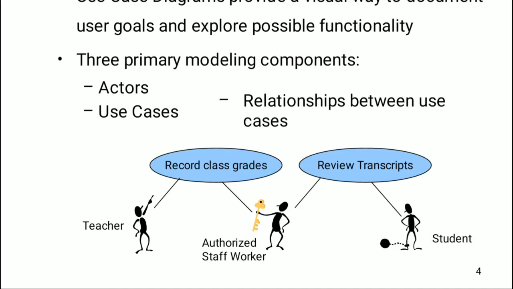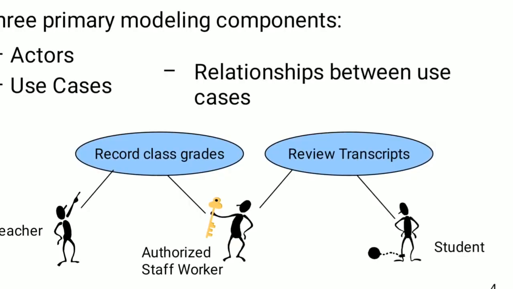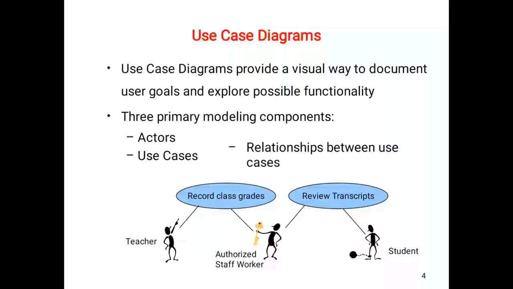Here review transcript is accessible to the student and also accessible to the authorized staff worker. So use cases are nothing but horizontally shaped ovals that represent the different uses that a user might have.